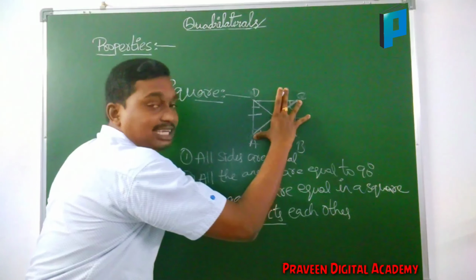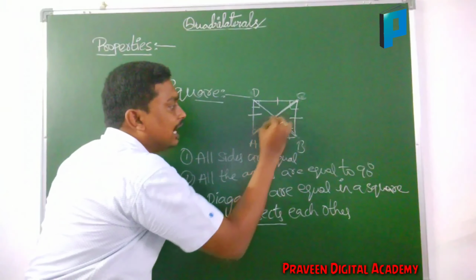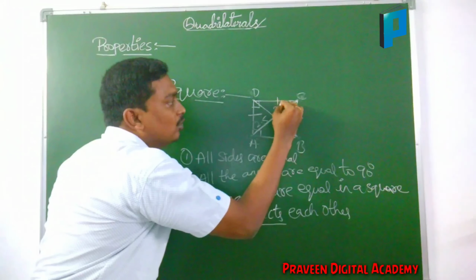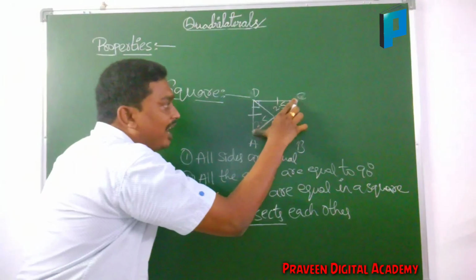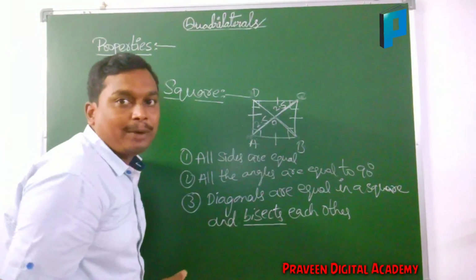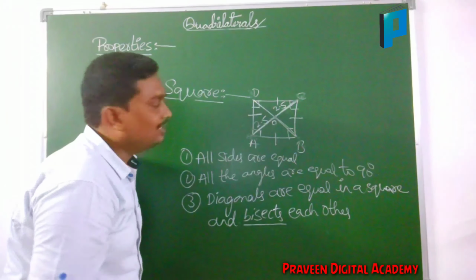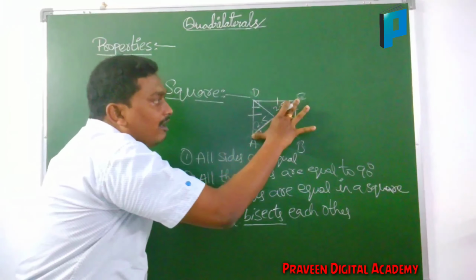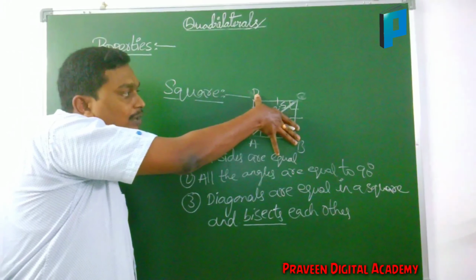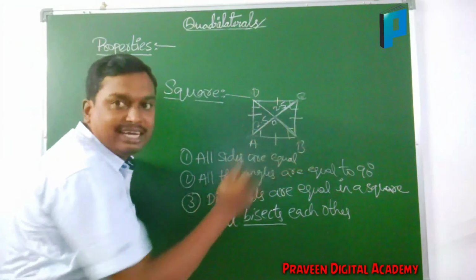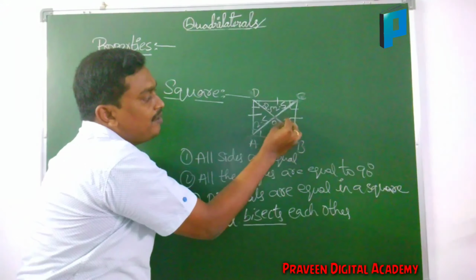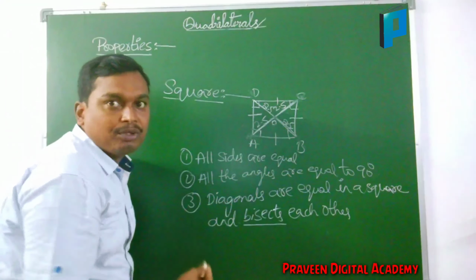If the total length is 5, AO will be 2.5 and CO is also 2.5. Dividing the diagonal into two equal parts is called bisector or bisecting each other. Here also, if it is 5, it will be divided into 2.5, 2.5. Here also it will be 5, because diagonals are equal in a square. If DO is 2.5, BO we will also have 2.5.